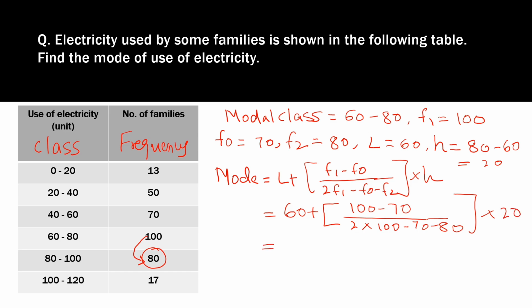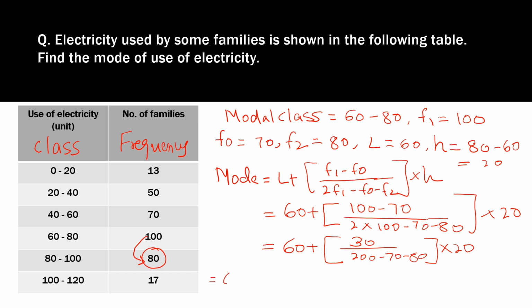Equals, now we'll write here 60 plus 100 minus 70. What is there in the numerator? 100 minus 70, that is 30, upon 2 into 100 is 200, minus 70 minus 80, multiplied by 20.